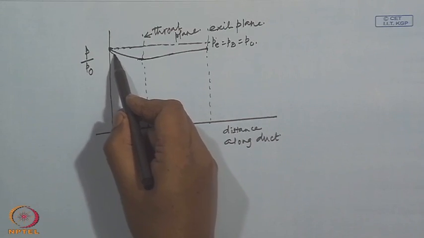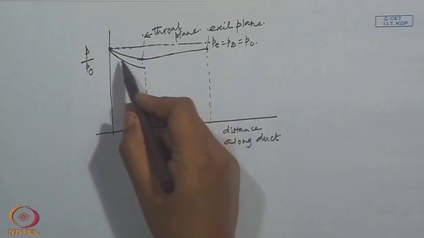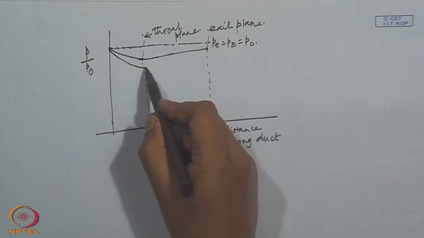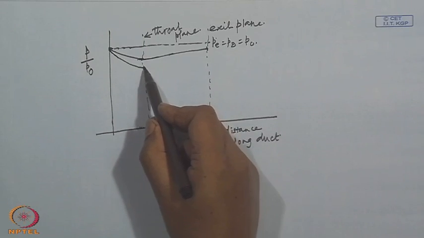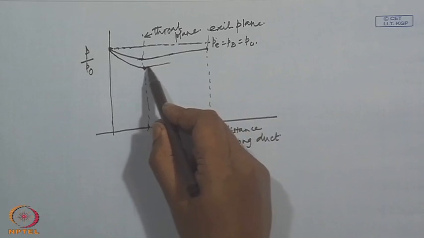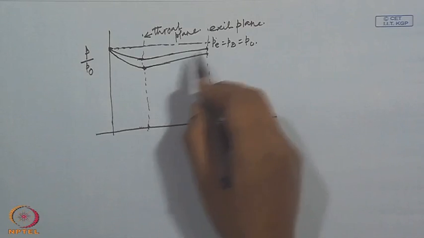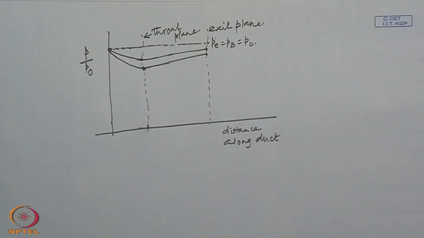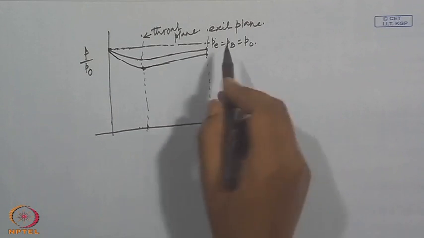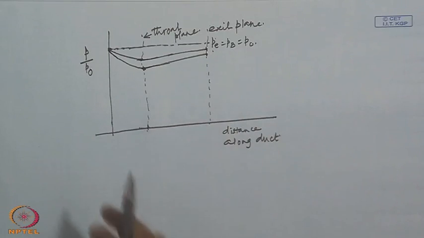With a little more decrease, flow velocity will increase, mass flow rate will increase, and now at the throat plane this is the value of the pressure that will be reached, and again the flow will decelerate. In all these situations, the flow everywhere remains subsonic, and exit pressure will become the same as the back pressure.